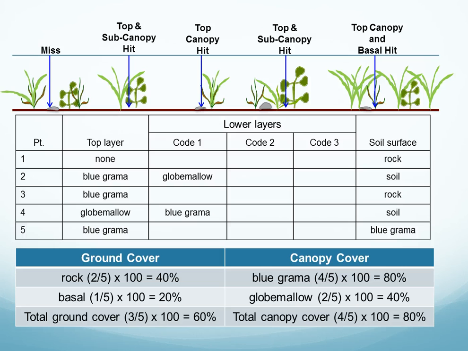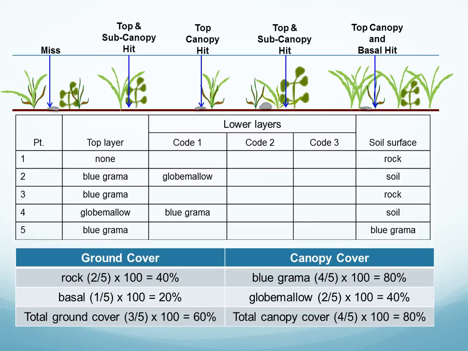And the total ground cover then is the recordings of all of the ground cover hits divided by the number of points that were taken, or 60%. Now you may wonder why soil doesn't show up in our ground cover classifications, and that's because remember that bare ground or bare soil is not a ground cover category. Ground cover is defined as those features that cover soil.